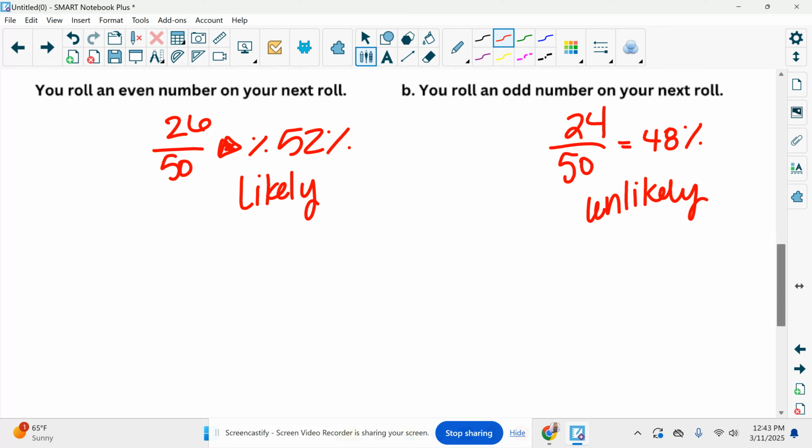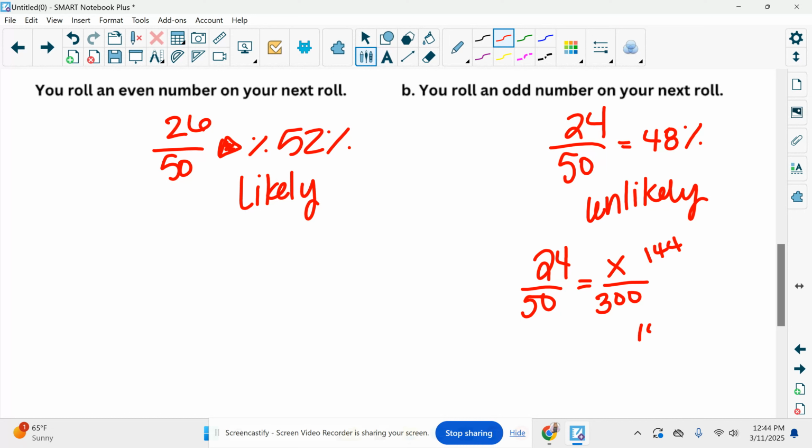So originally I rolled 24 out of 50 times. Well, now I'm rolling 300 times. What's the number on top going to be there? 144. So 144 times the number would be odd.